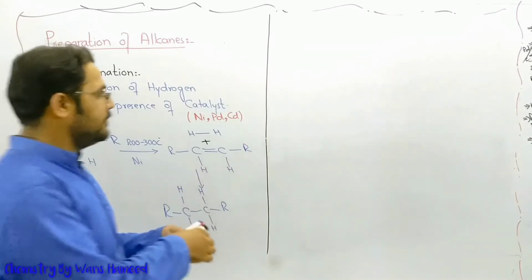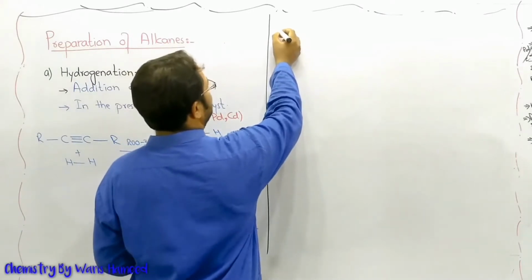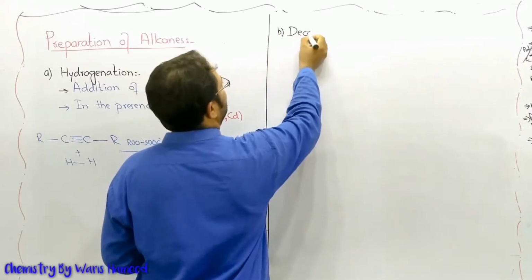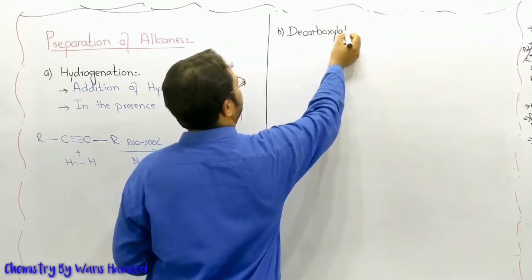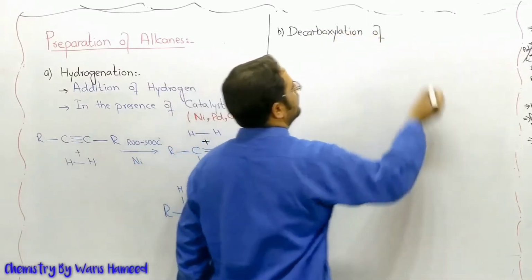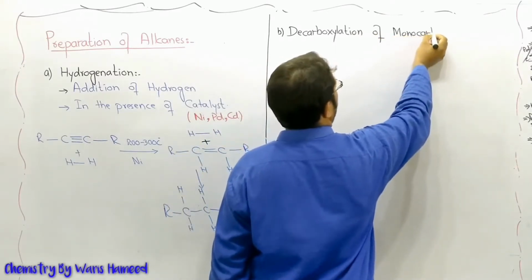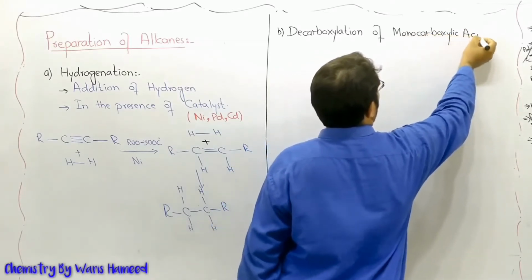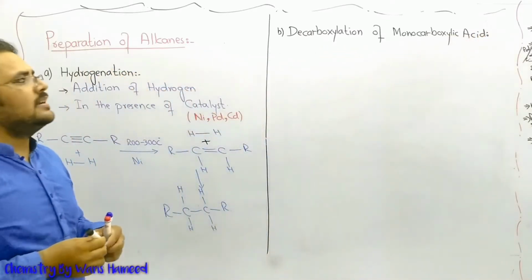Next method is decarboxylation of monocarboxylic acid. What is the term telling us?